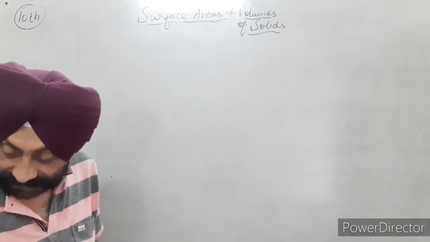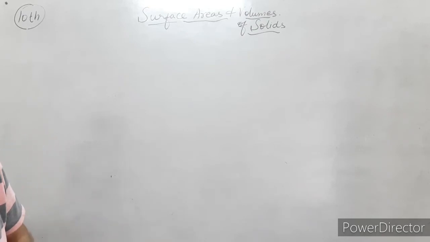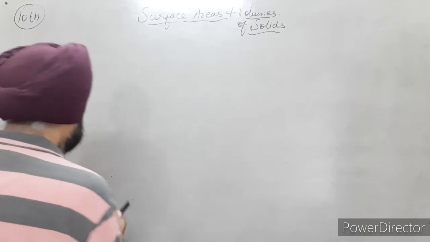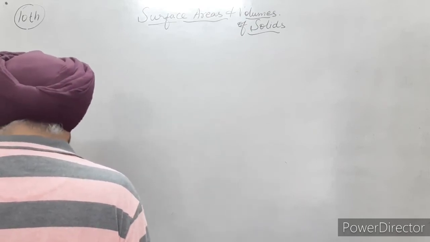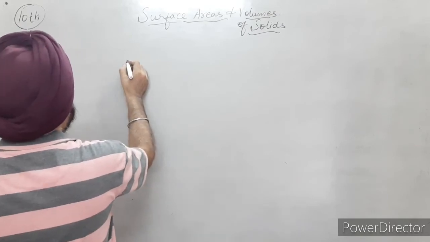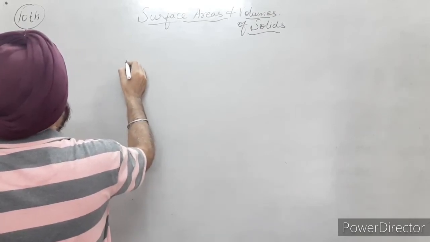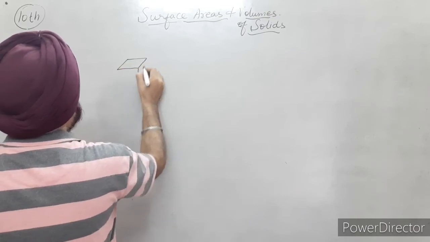Now, next, the question says 3 cubes, each of 216 centimeter cube volume, are joined end to end. Let me try to draw the figure.